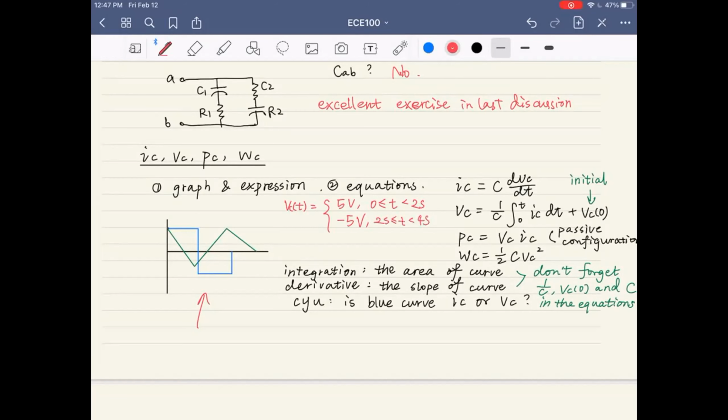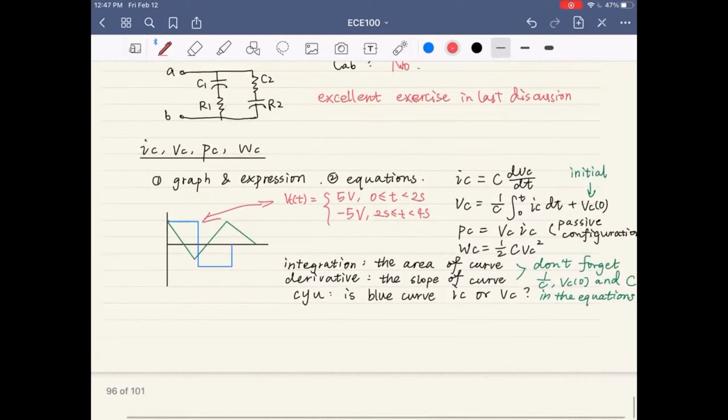So you see that the blue curve matches this equation, right? You should be comfortable with both because you may be asked to sketch it or take integration or derivative based on a graph or the expression.